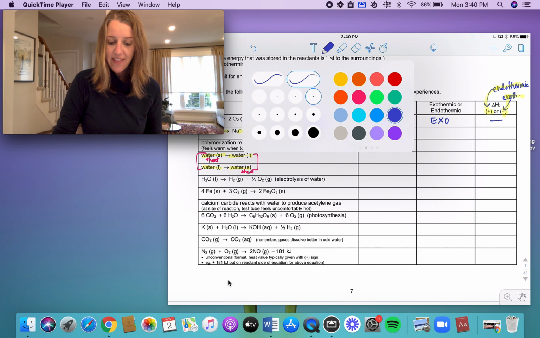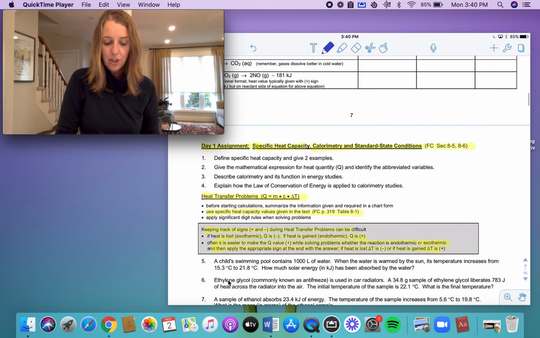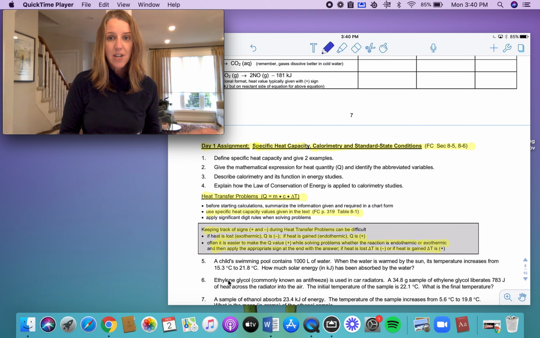All right, once you've done that page, you're going to scoot to page number 8, and we're going to learn a little bit about specific heat capacity, calorimetry, and standard state conditions. So you're going to work through a couple of textbook questions, okay? There are some definitions here. Look up what specific heat capacity is.